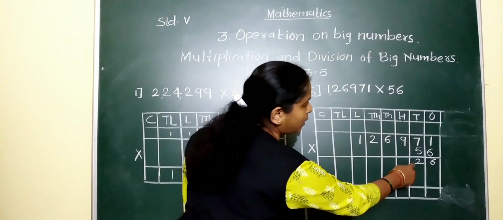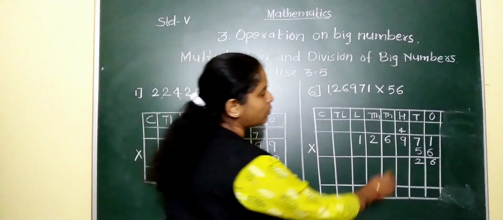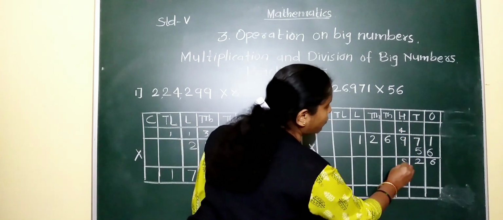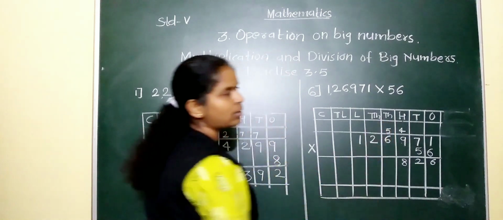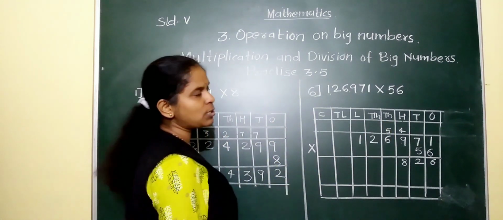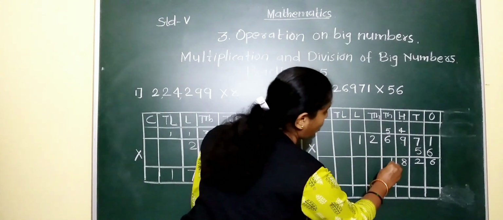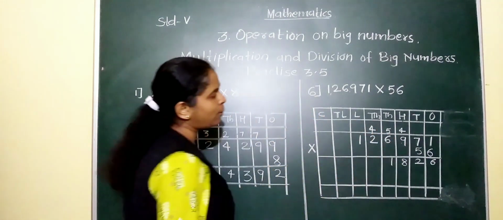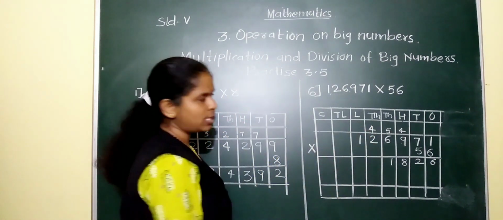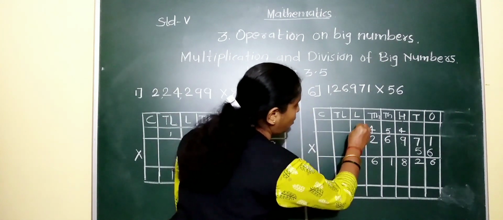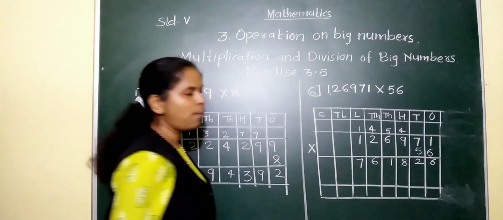That 2 we will write here, 4 we will be carrying. 6 nines are 54 plus 4, 58. 8 carry 5. 6 sixes are 36. 36 plus 5, very good, 41. 1 carry 4. Okay. Now 6 twos are 12. 12 plus 4, 16. 6 carry 1. 6 ones are 6 plus 1, 7.